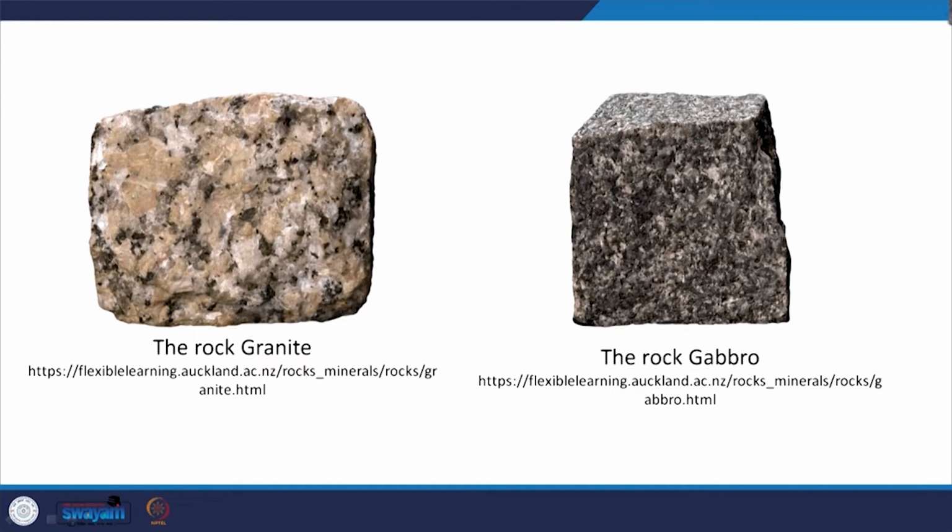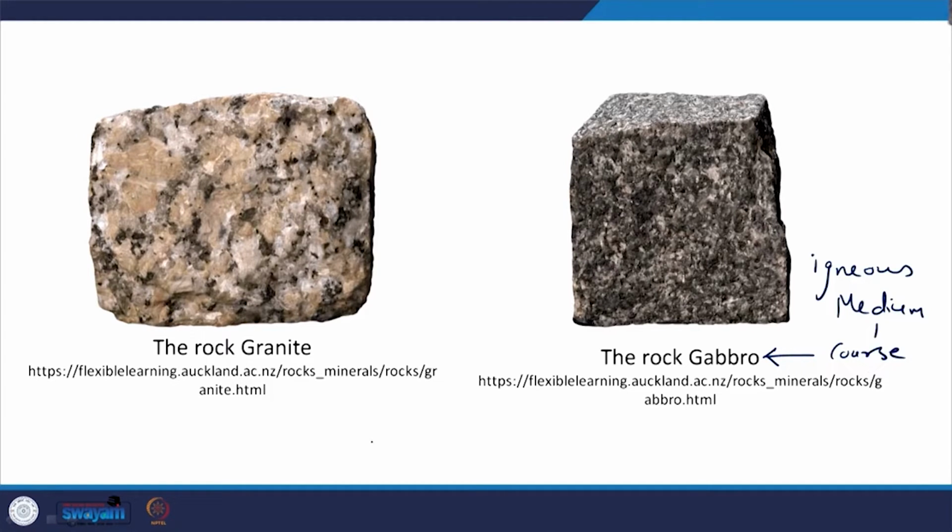Next rock that has been shown here is the rock gabbro. It is a dense intrusive rock, that means igneous. This is a plutonic equivalent of basalt, that's dark grey to black, and its texture is medium to coarse grained.